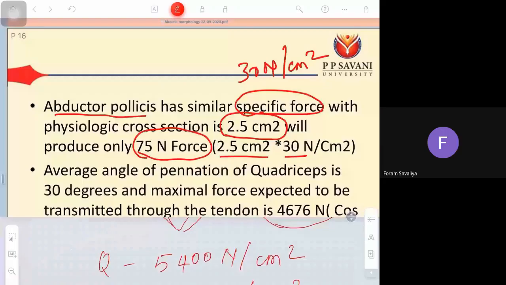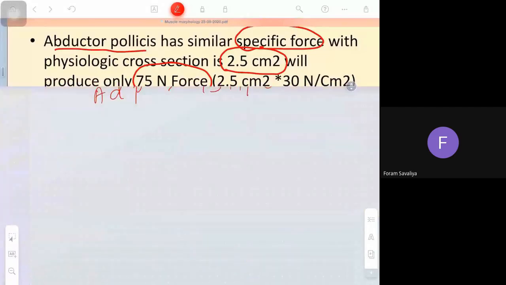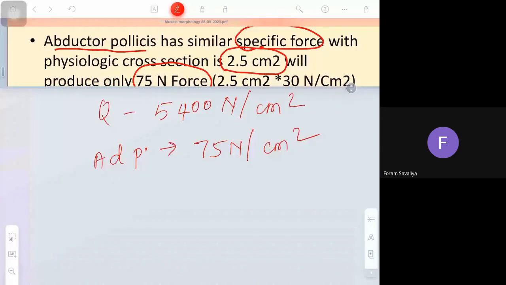Clear? And okay, what is the average pennation angle we studied? It is 30 degrees. Average pennation angle of quadriceps muscle is 30 degrees. So what you should do? You should multiply. What is 30 degree?